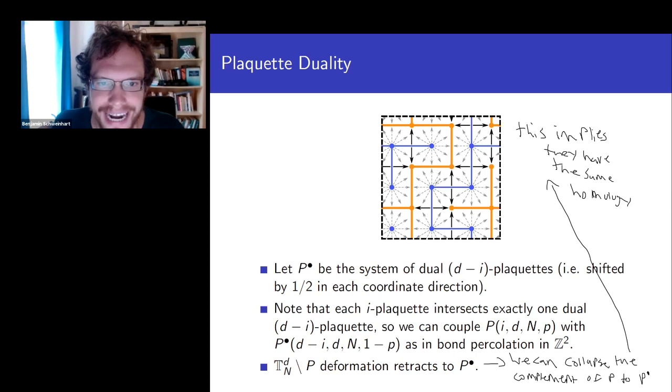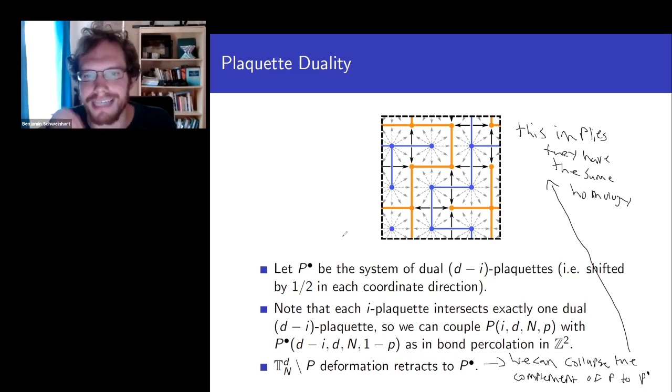First, going along the gray arrows, you can collapse the complement of the blue system to the one skeleton of the dual system. And then you can collapse the remaining edges that are intersected by a blue edge to the vertices along the black arrows. So this shows that there is a very strong geometric relationship between our plaquette system P and our dual plaquette system P bullet.